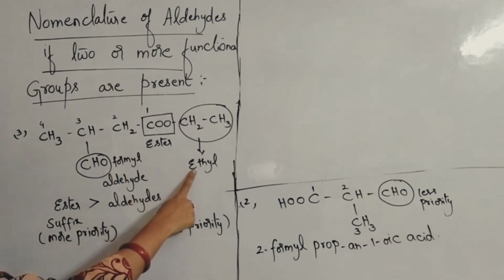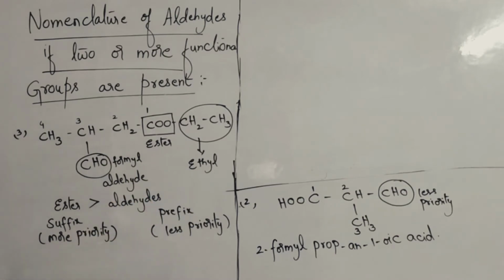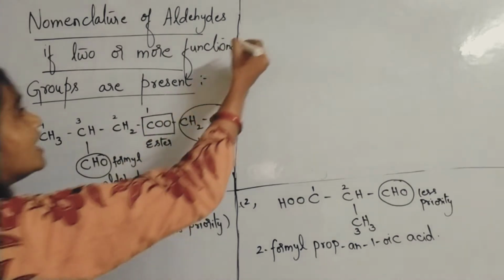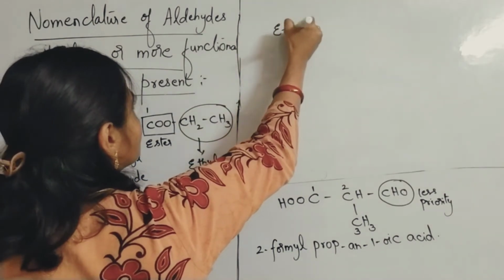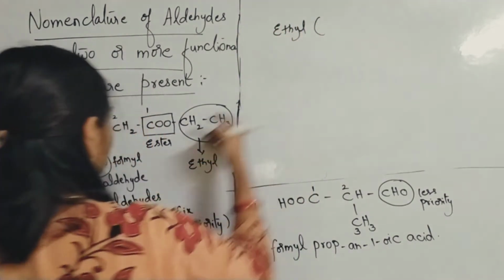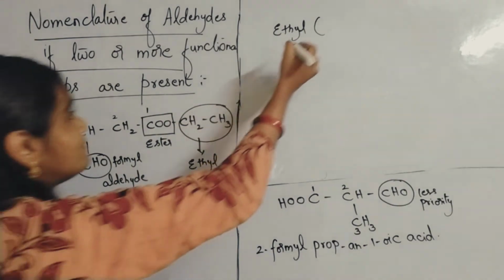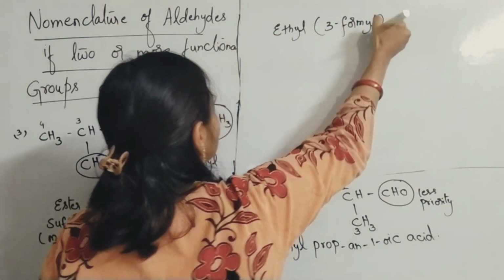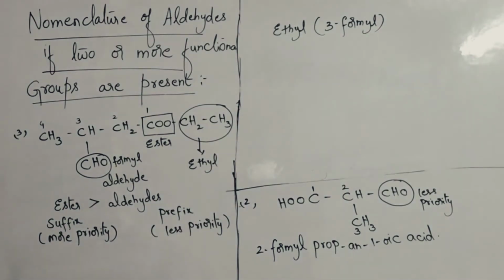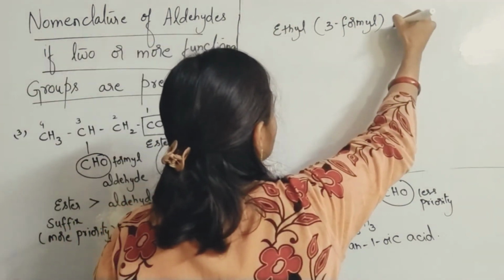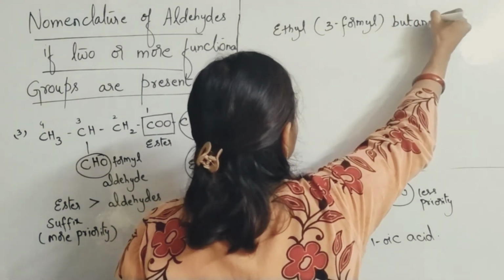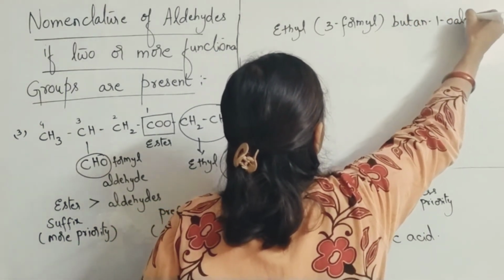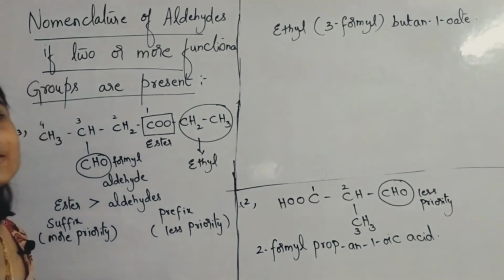Alphabetical order, ethyl will come first. So the name of the compound is what? Ethyl, bracket open, 3 formyl, butane 1OATE. Ethyl 3 formyl butane 1OATE is the name of this compound.